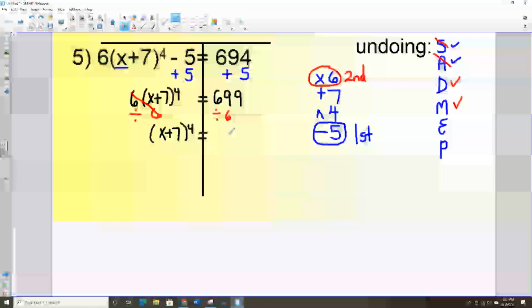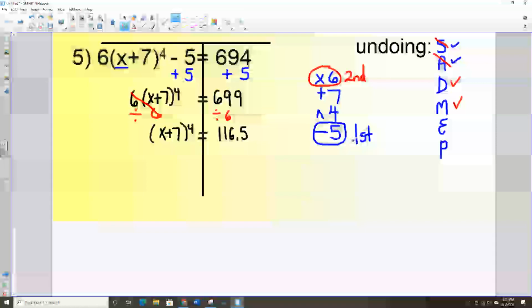What is 699 divided by 6? And it is okay to get a decimal, 116.5. We are in Algebra 2. We're in the highest level of math that you need to do in order to graduate from high school. So it should be challenging.